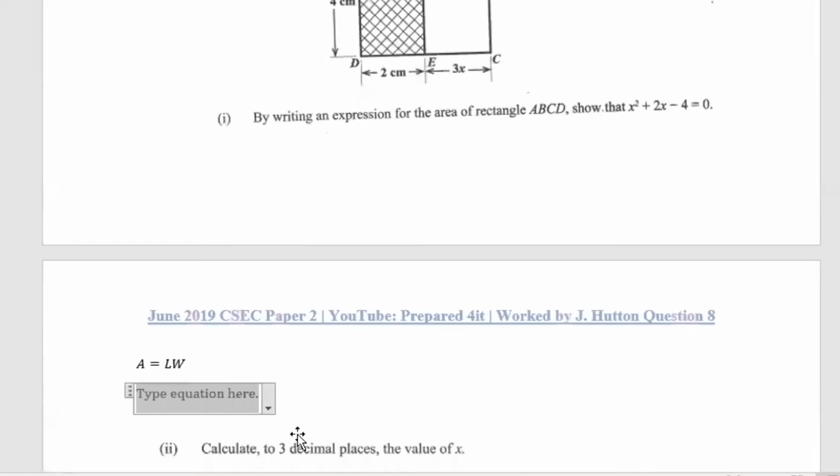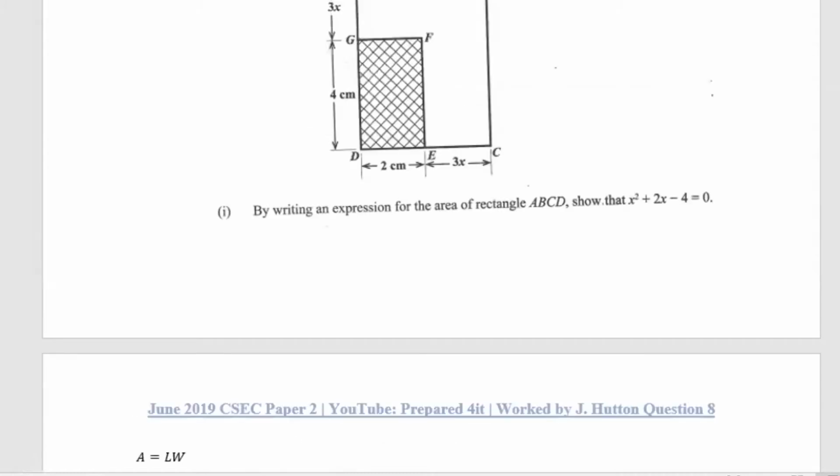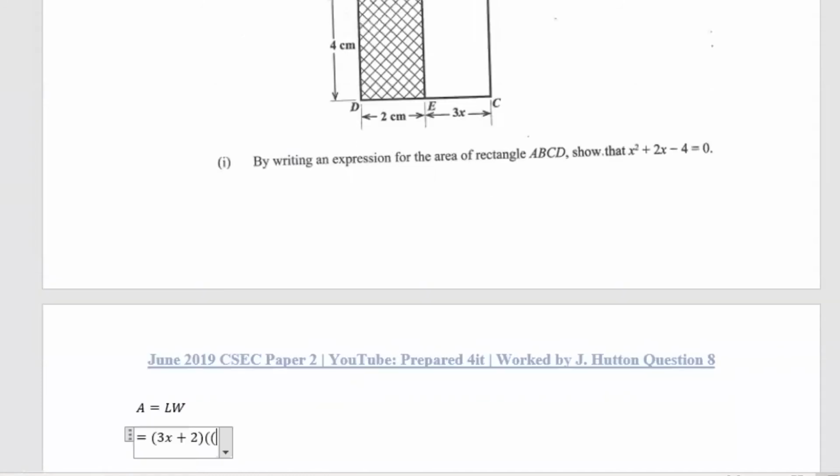So it would have been equal to 3x plus 2, and this is multiplied. So this is one of the terms. Let's call it the length, and the width we're using 3x plus 4. So it is 3x plus 4.